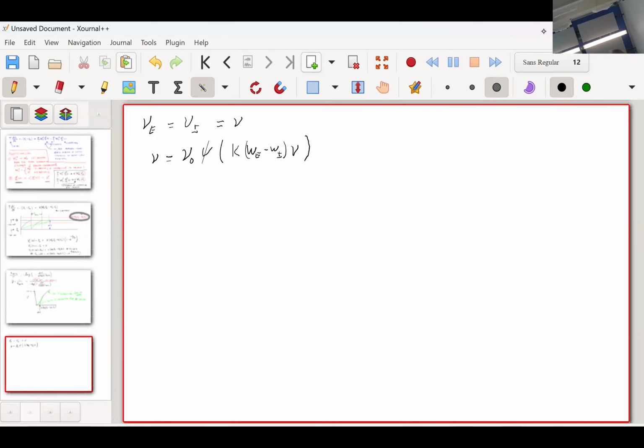Okay, because psi, it's called psi of x, equals 1 over minus log 1 minus delta V over x. And nu zero equals 1 over tau. 100. Okay.